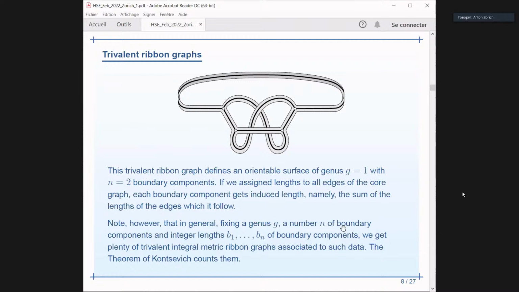And now I will impose some additional structure. I will assume that my core graph, the true graph, which is constructed from true edges, so that it's a metric graph, that all the edges have... Sorry, Anton, just to be precise, are you talking about oriented graphs or oriented surfaces or orientable surfaces?